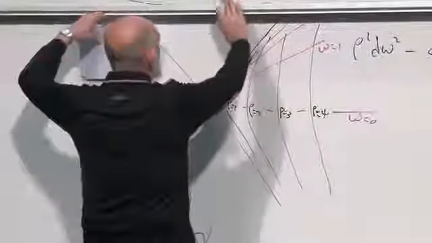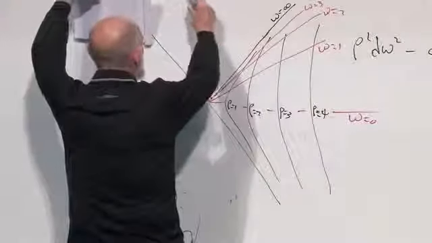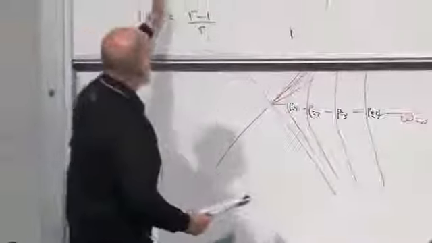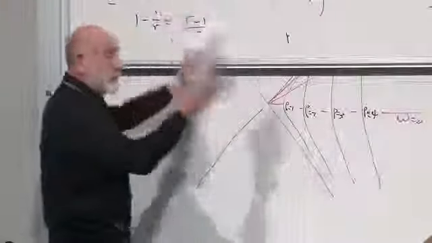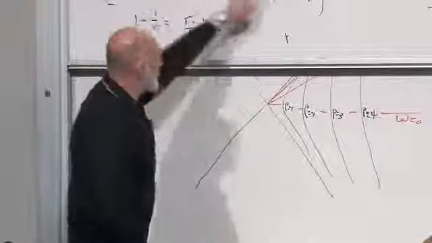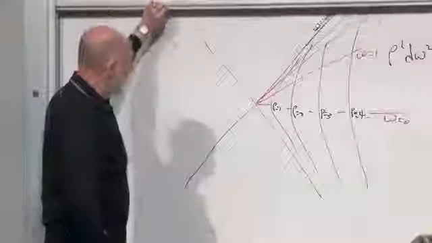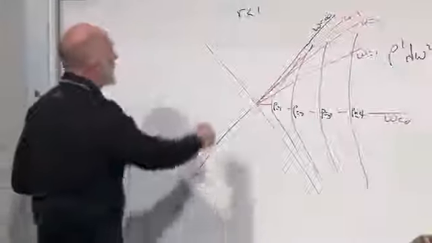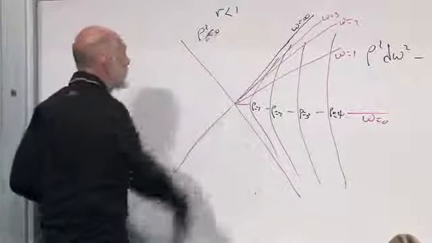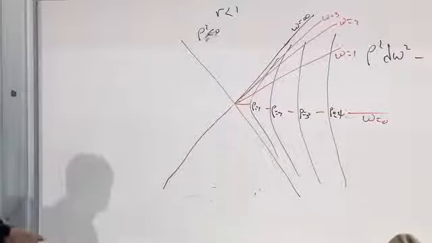When r is less than 1, the sign of these two terms interchanges. This one becomes negative, this one becomes positive. In here, rho squared is actually negative, less than 0.